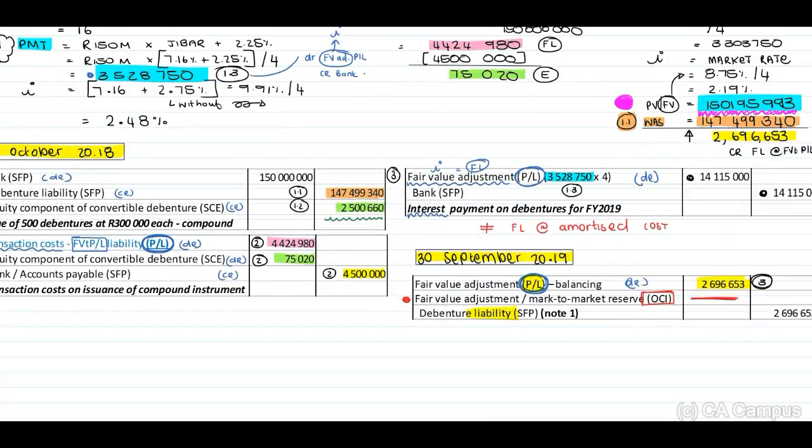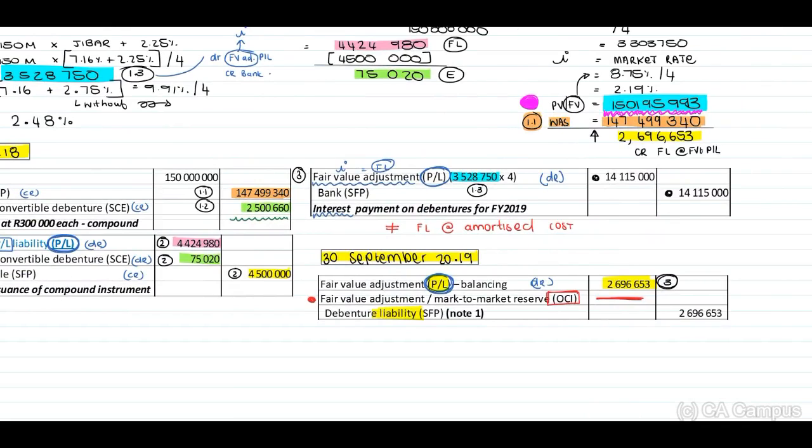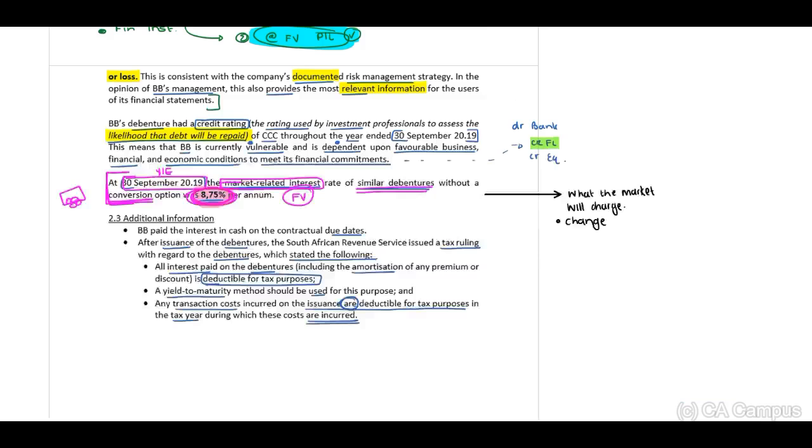If you look at the journal entries recognized through our profit and loss, not the interest, guys, because when you refer to our given scenario, they've indicated to us in the additional information section, all interest paid in the debentures, including amortization of any premium or discount, is deductible for tax purposes. Therefore, when you calculate your current tax, remember, you have to determine what is our accounting rules, we've deducted this, and what is our tax rules, we've deducted this. Therefore, there's no difference, right? Therefore, we don't take that into account.